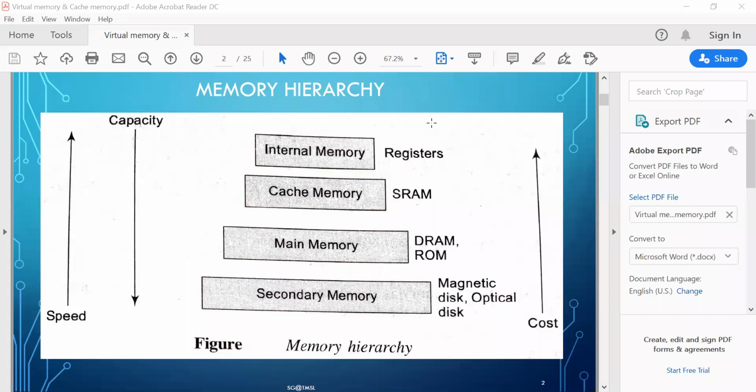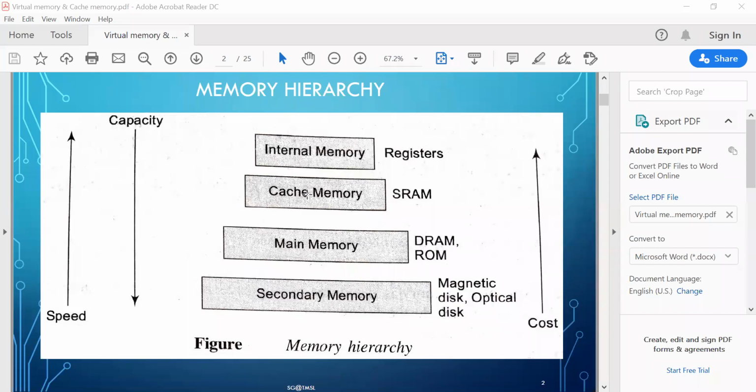After that comes the high speed memory, the cache memory. Cache memory is the high speed memory between the CPU and the main memory. What is the use of this cache memory? Cache memory is actually a high speed main memory.